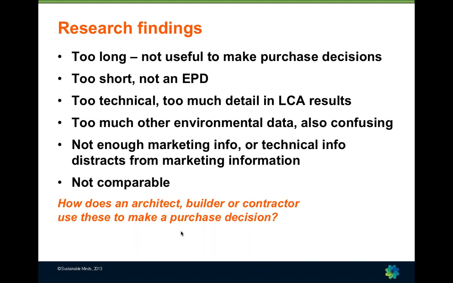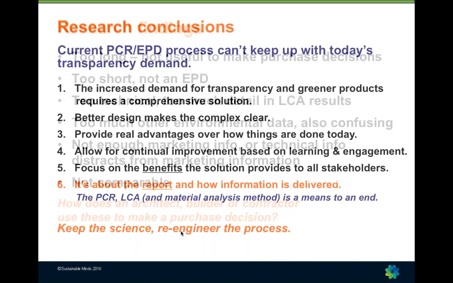They're mostly too technical, too much technical detail in the LCA results, too much other environmental data that was also confusing, little to no marketing information, or the technical information distracted from the marketing information or product-specific information. Obviously, they're not comparable, and it really just highlighted the question for us: how will an architect, builder, or contractor ever use these to make a purchase decision?